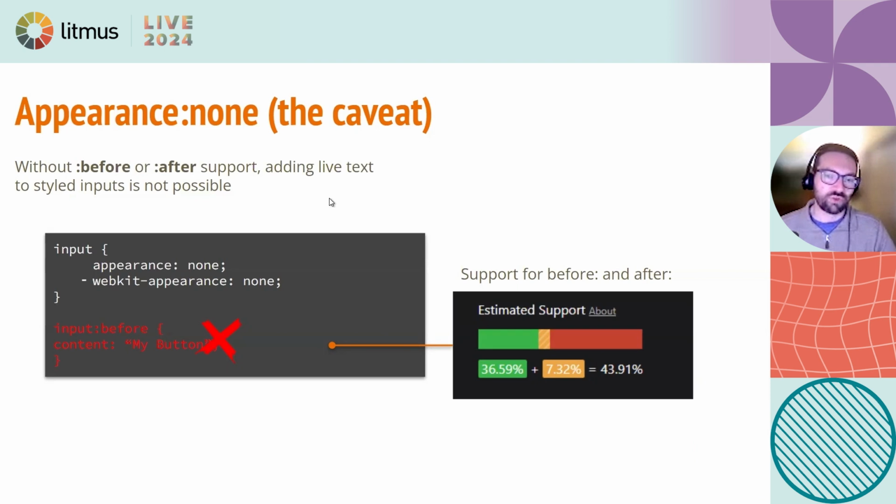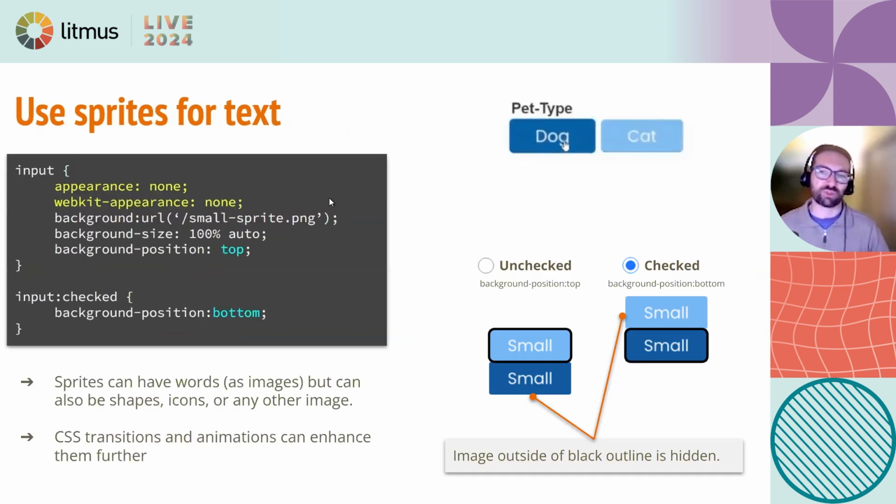So if you want to put text into those like we did with our buttons, you'll have to do something like sprites. And for those who don't know what sprites are, travel back in time with me about 20 years to the early days of web dev. This was often how we would do transitioned interactions on early websites. Basically, it's a background image, and you set the background position on it so that only part of the image displays.